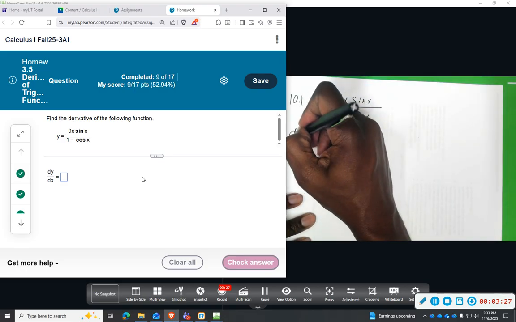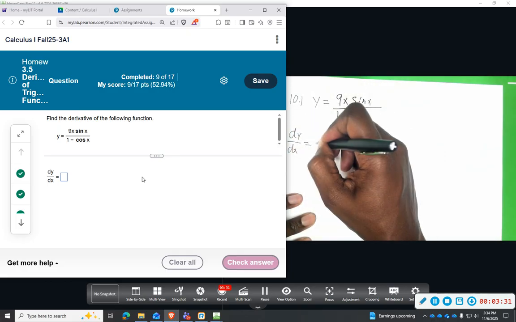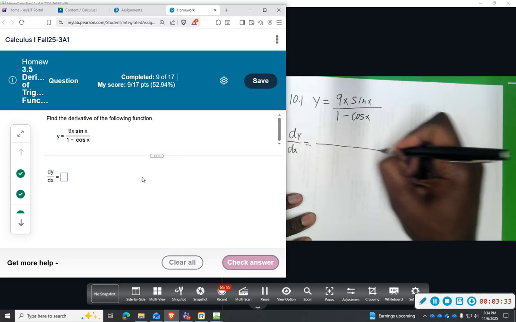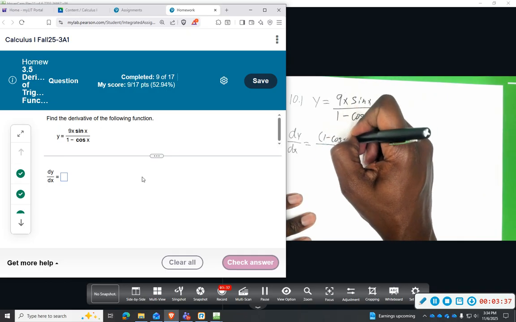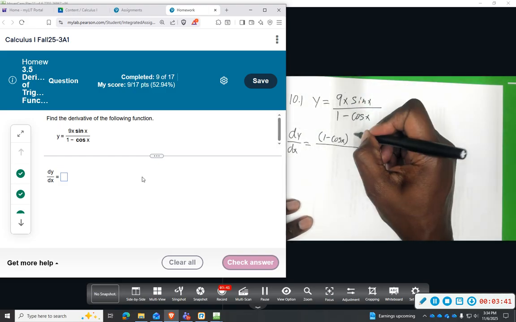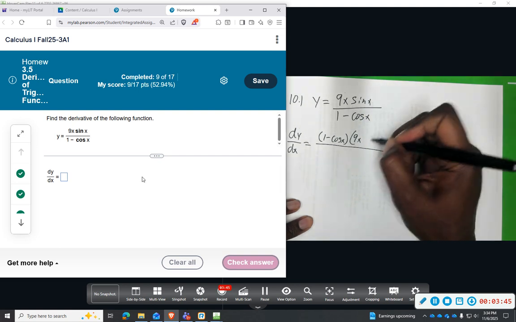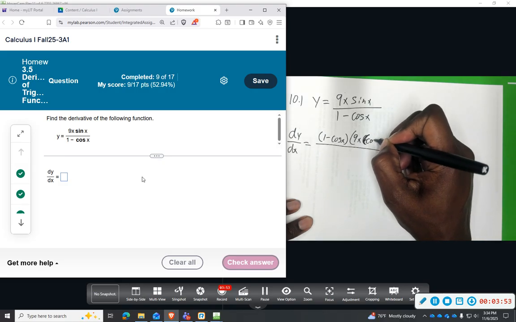So when we do the derivative dy dx, we're doing low, which is the bottom, times the derivative of the top, and this is where we're going to do product rule. So 1 times the derivative of the second, that'll be a negative, nope, not negative, just a regular cosine of x.